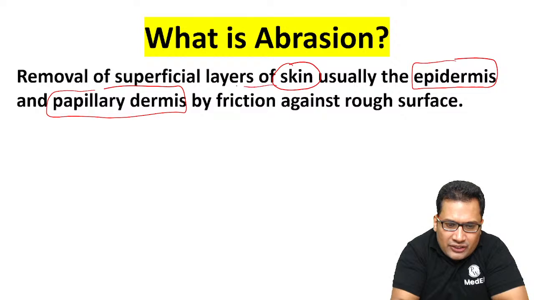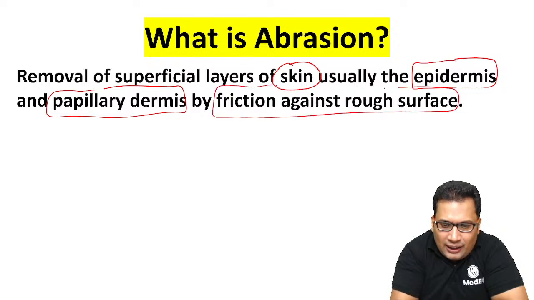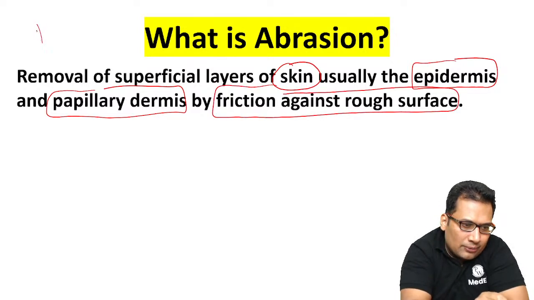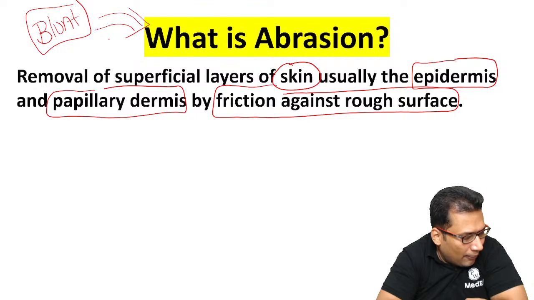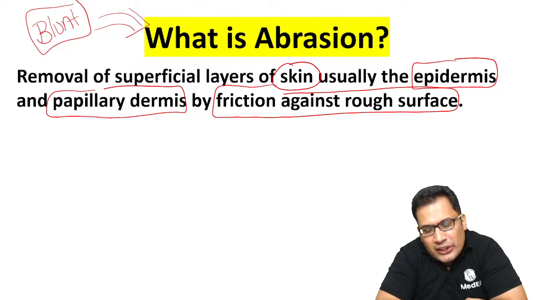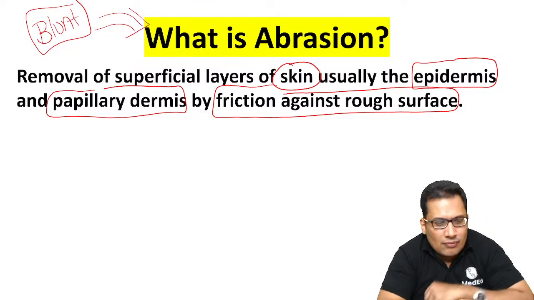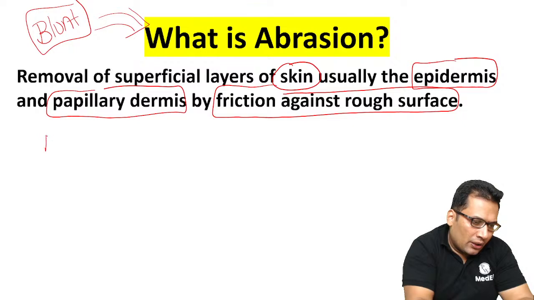It is caused by friction against a rough surface, by a blunt object. This is how you should answer. You can also add one more point: it is the most common mechanical injury.